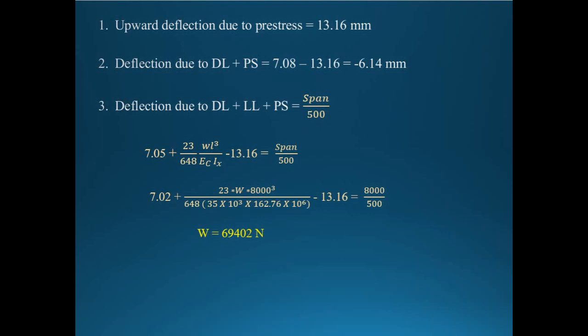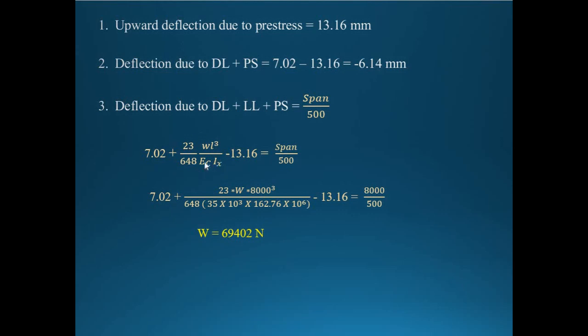Deflection due to dead load is 7.02. Please note there was a typing mistake, so I have corrected it. 7.02 is the deflection due to dead load. Plus, what is this formula?